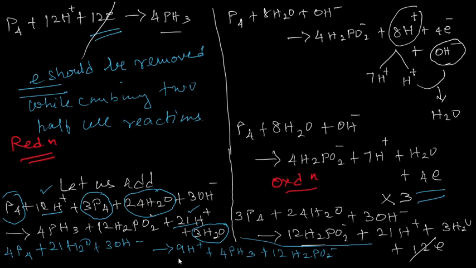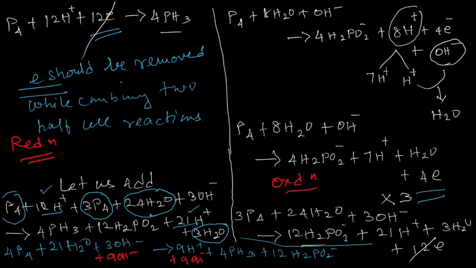For that we have to add 9 OH minus ions to both the LHS and RHS side. As we already saw, if we combine the H plus and OH minus ions, we'll get an H2O molecule. So on the RHS side, 9H plus and 9 OH minus ions will give you 9 H2O molecules. And on the LHS side, 3 OH minus plus 9 OH minus gives 12 OH minus.